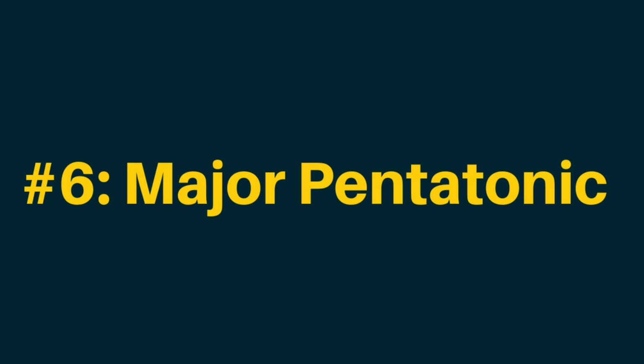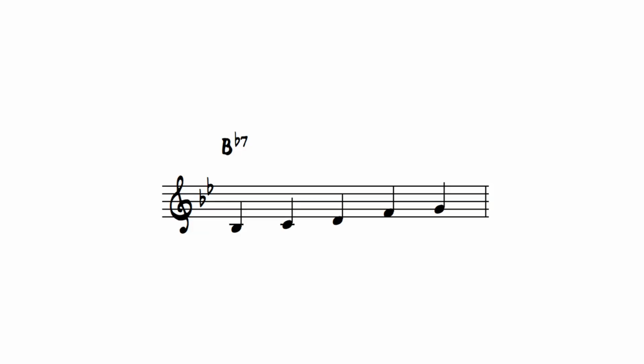All right, the final one I want to discuss is the major pentatonic, and that sounds like this. Right, so it's a pentatonic scale, but now we're outlining some different notes here.